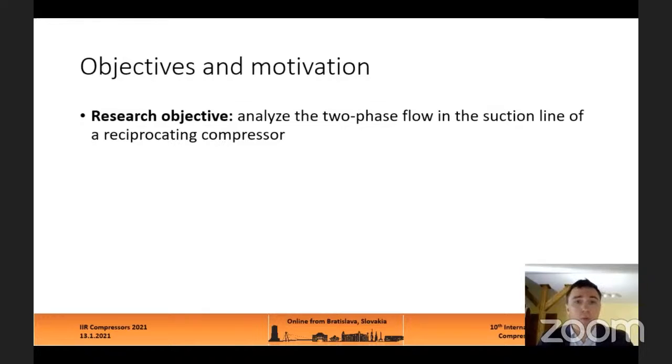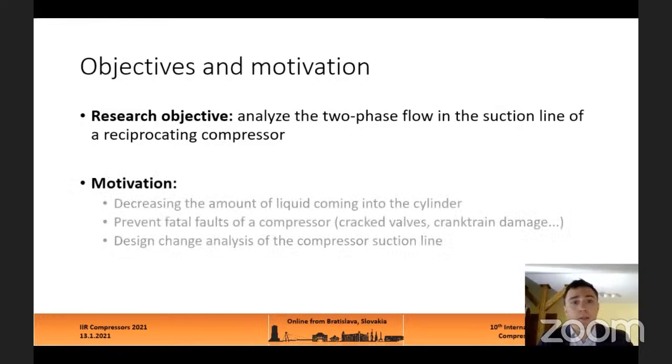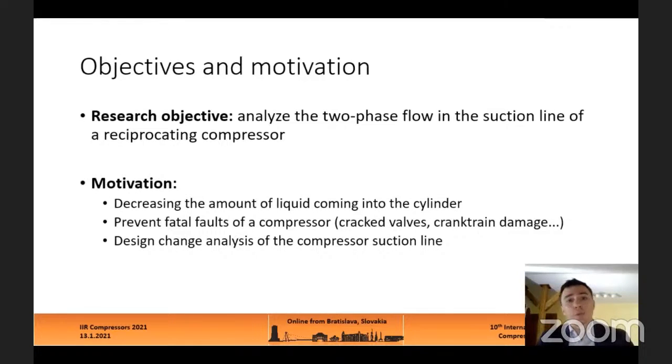This is something that we would like to analyze, and based on this knowledge, we would like to propose some design changes which would help to decrease the amount of liquid coming into the cylinder, which in consequence will help us to get better reliability of the compressor and prevent any damage or any faults on the system.